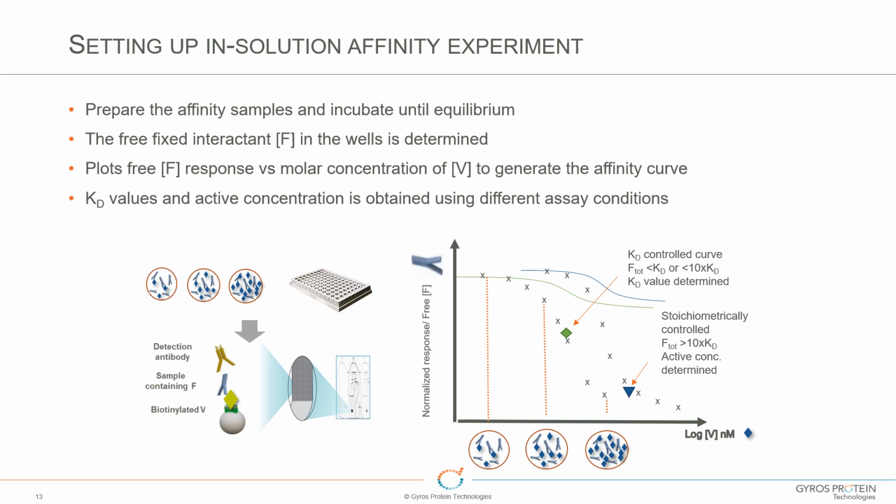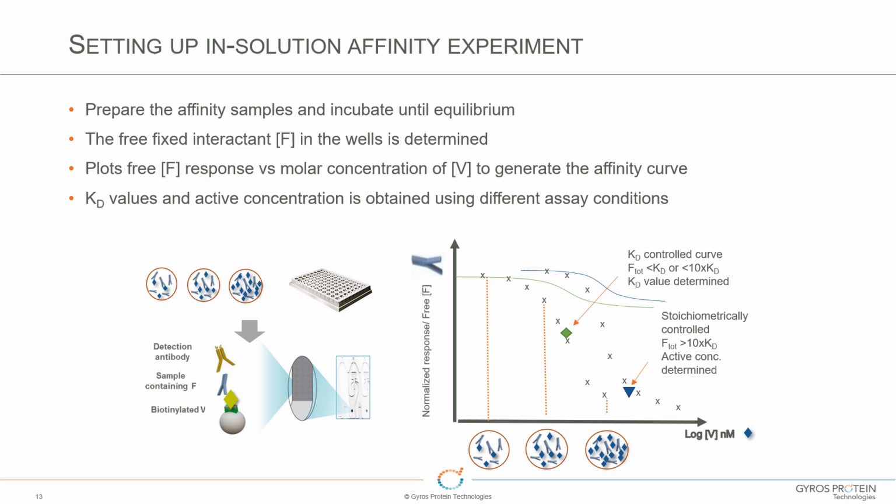So one of the nice things about the Gyrolab software is it allows you, in a relatively straightforward way, to set up a series of experiments to measure affinity. So in this plot, what we're looking at is a normalized response of free versus a molar concentration of the variable interactant. And you can see that at low concentrations of our fixed interactant, we're KD controlled. That is, where the concentration of our fixed interactant is at or below the KD.